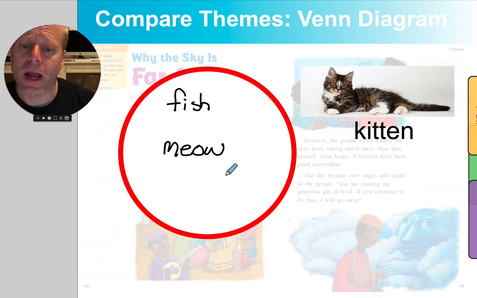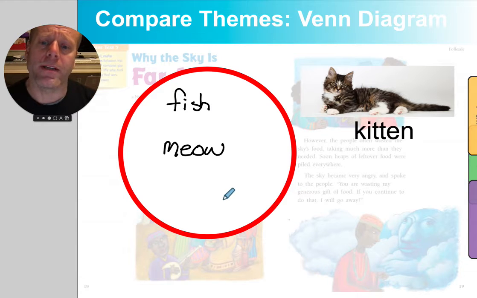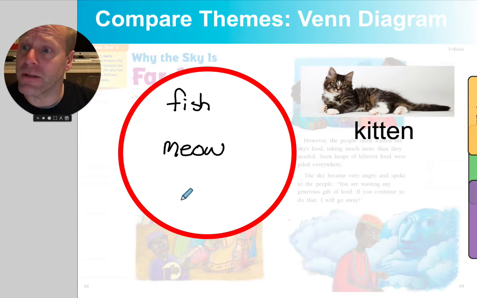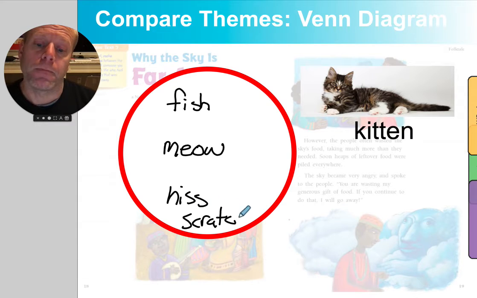I'll write down meow. And then the last one I'm going to ask about here is, what do cats do when they get angry or if they're trying to defend themselves? Yeah, they might hiss, or maybe they are going to scratch. Okay? These are cat things. I've put them inside this circle.